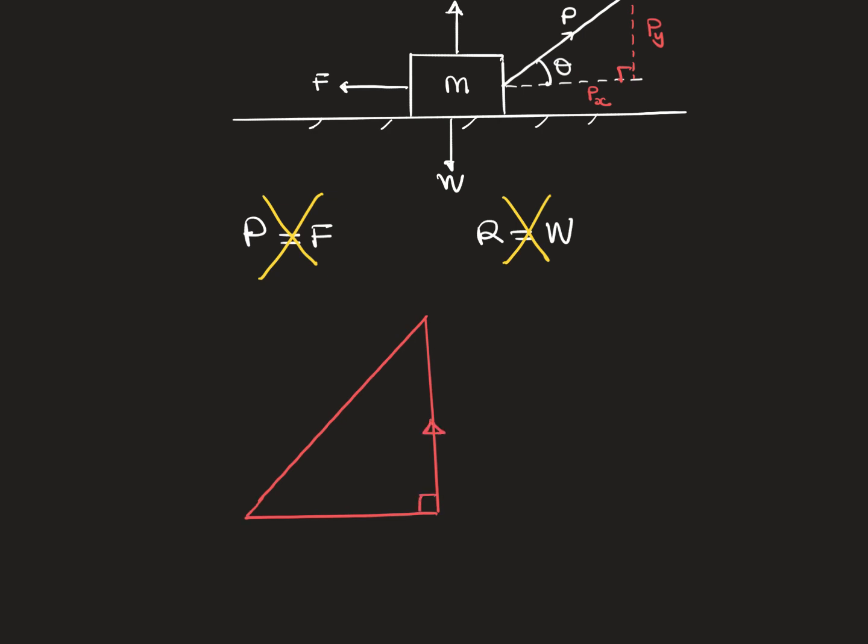We have Py, we have P, the applied force, and we have Px. This is the angle theta. So as you can see, we can resolve this inclined force into its vertical component and its horizontal component.